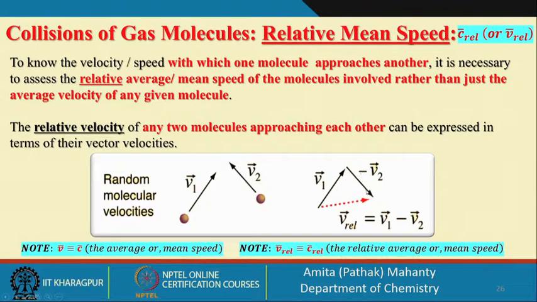So, this has a negative velocity, which means it is moving in the opposite direction. So, the relative velocity of approach will be v1 minus the velocity vector v2.